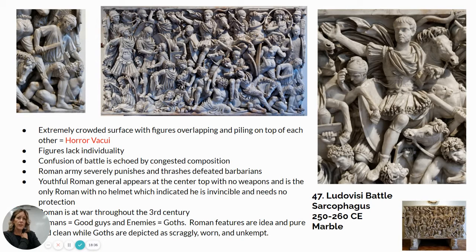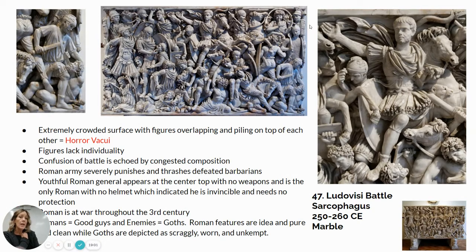We can definitely see that the bottom of the composition is filled with mostly barbarians, on the ground or knelt down, and that the ones still standing, the ones that prevail, are definitely the Romans themselves.